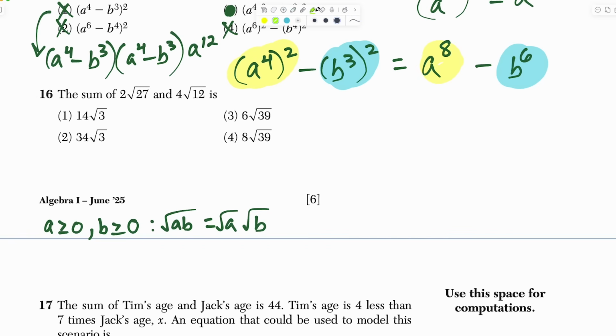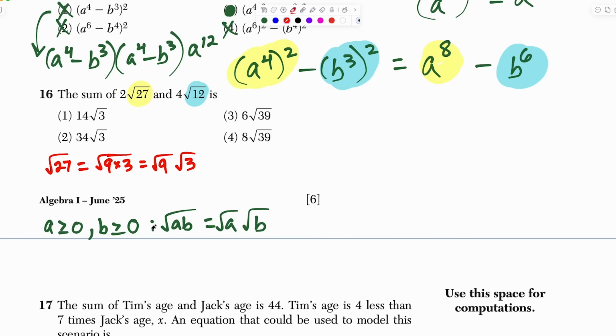What I notice here, when we're adding these radicals together, is we have square root of 27 and square root of 12. So what I'm going to do on the side here is simplify these. Square root of 27, I can break down to square root of 9 times 3, and we can break this down to square root 9 times square root 3.